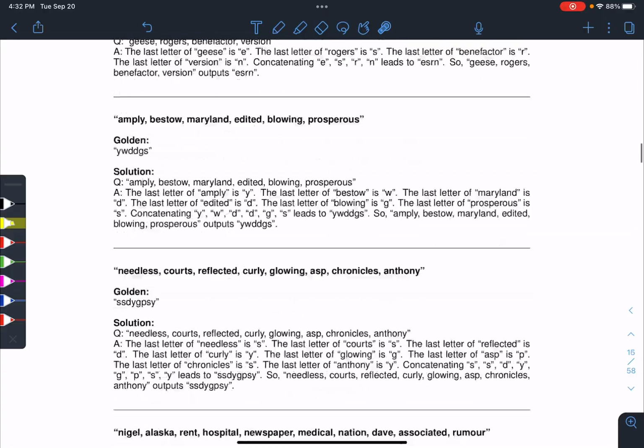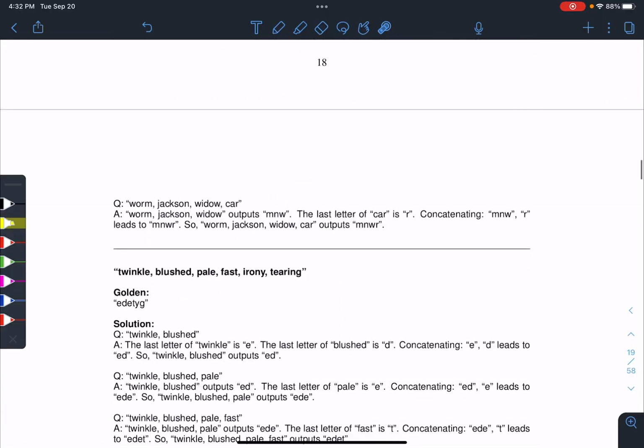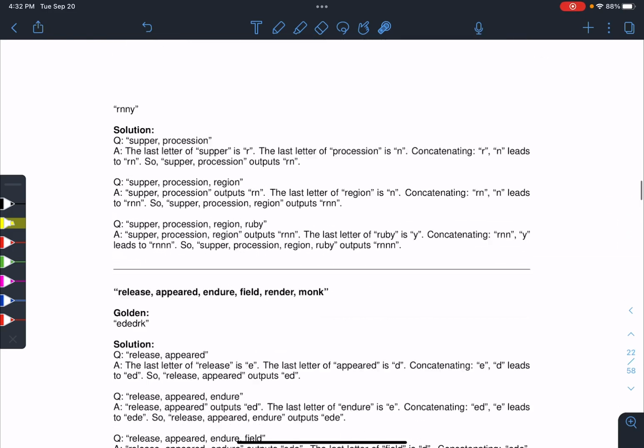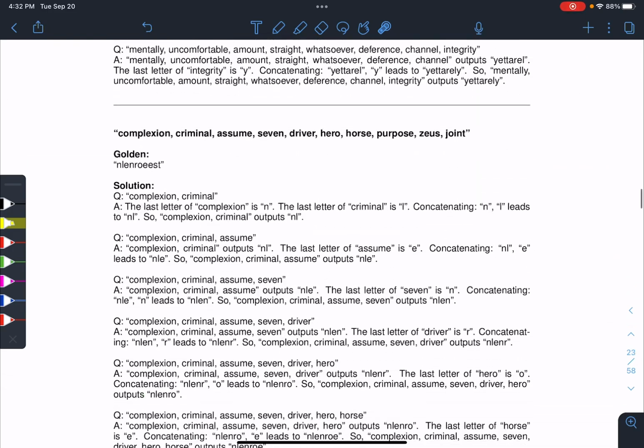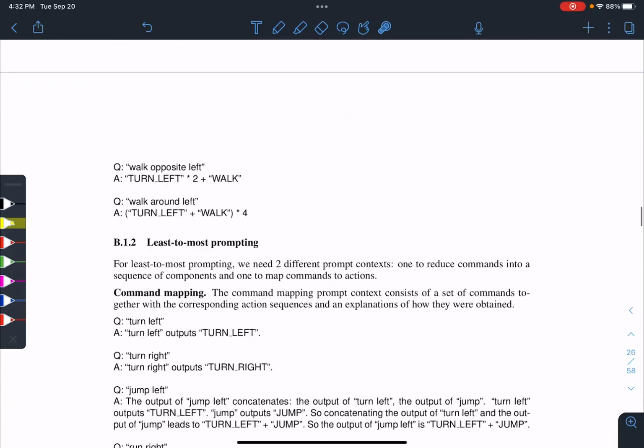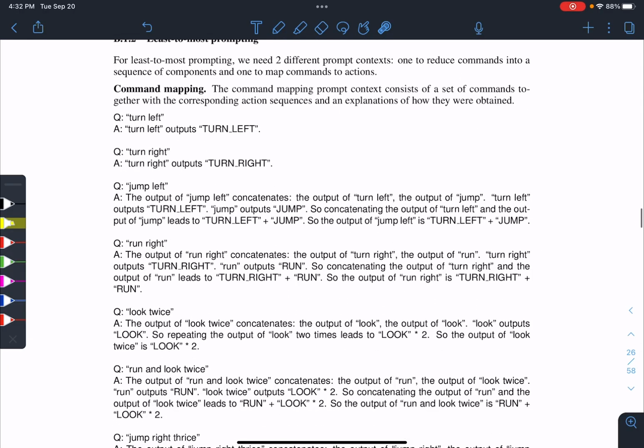Okay, this is standard. So this is how it looks for the command. One prompt reduces commands into sequence components, and one maps the components to actions.